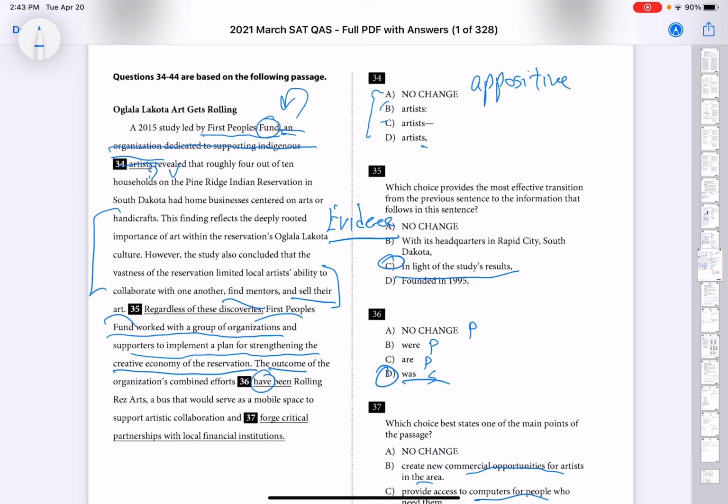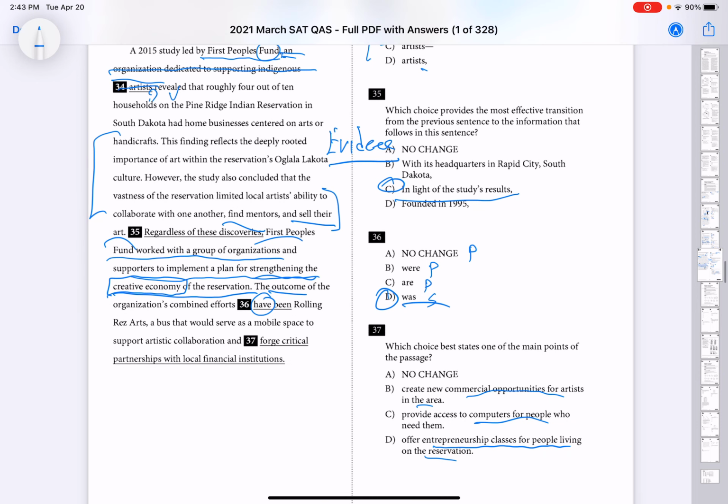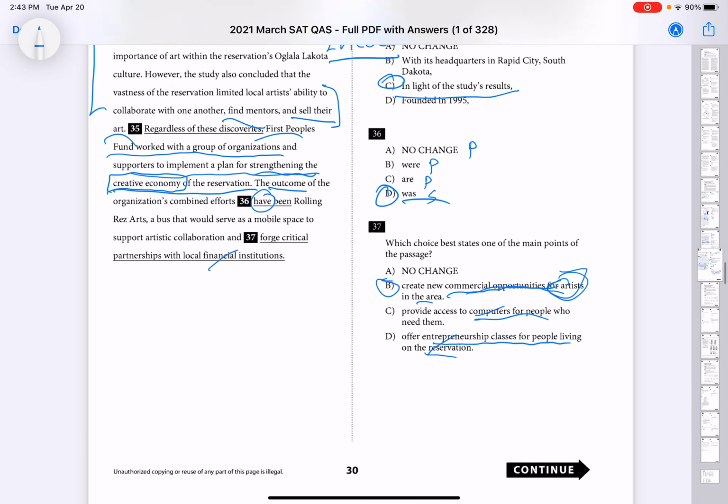So they want to sell their art, with a plan for strengthening the creative economy. That means they're trying to find some way to improve the economy there. They wanted to find some way for people to sell their art, so they're interested in commercial activities. So 37 should be commercial opportunities for artists in the area. And it's for the artists. It's not computers. It's not entrepreneurial classes for people on the reservation. It's specifically for the artists. And answer choice A is forge critical partnerships. It's not just about the financial institutions. It's about the artists trying to make money and supporting themselves in the community.